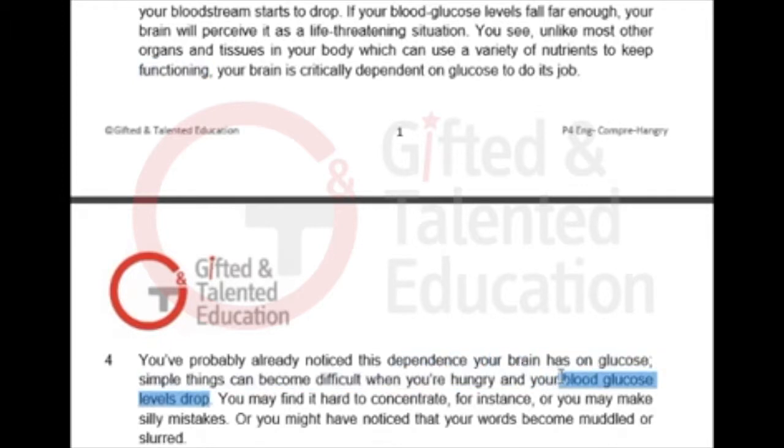Blood glucose levels drop. So what are the consequences of blood glucose levels? Seriously low levels of these blood glucose levels. You may find it hard to concentrate. You may make silly mistakes, or you realize that your words might become muddled or slurred.